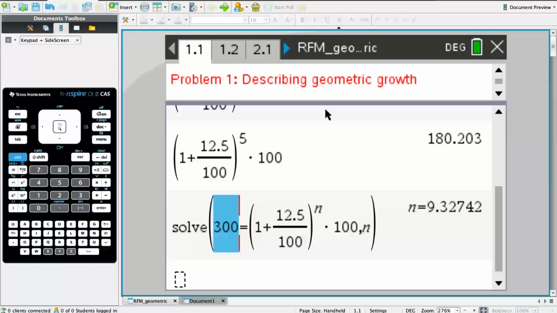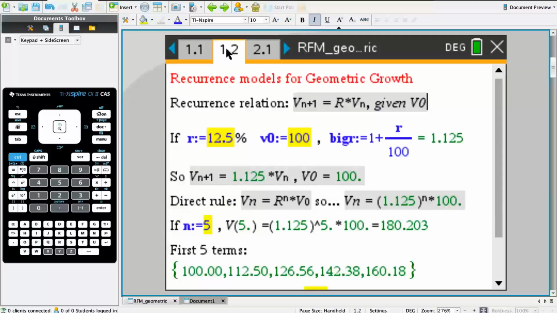Okay, so just to round this problem off, here is the same problem context approached via a notes template. This notes template allows you to enter in a given R value, little r value, and a V0, an initial value.